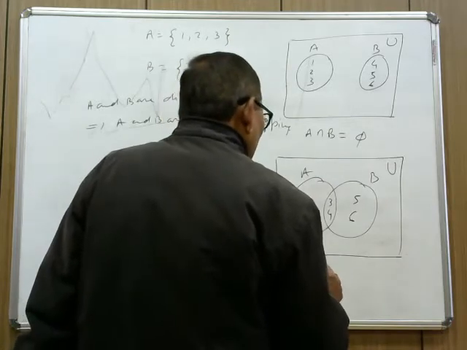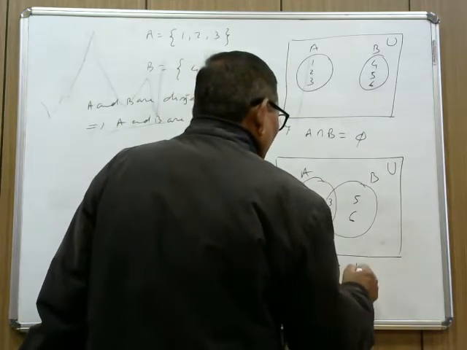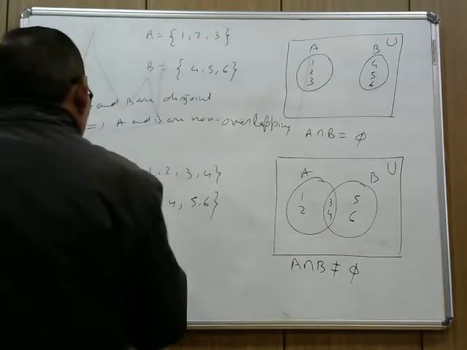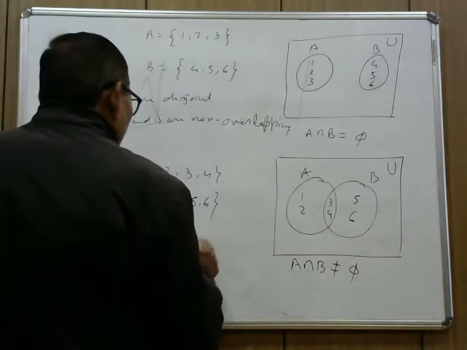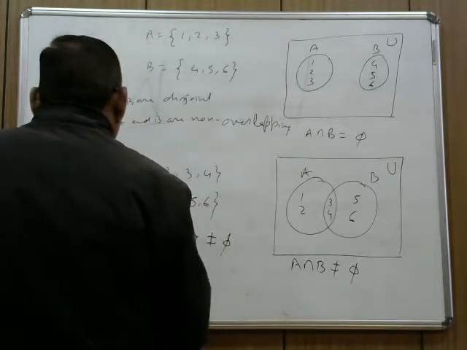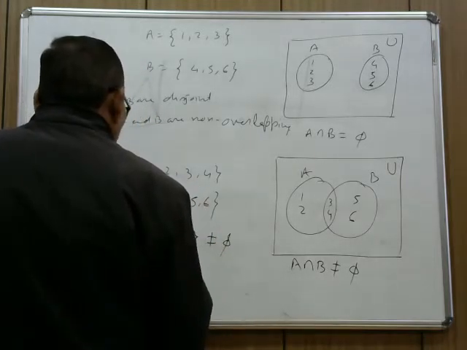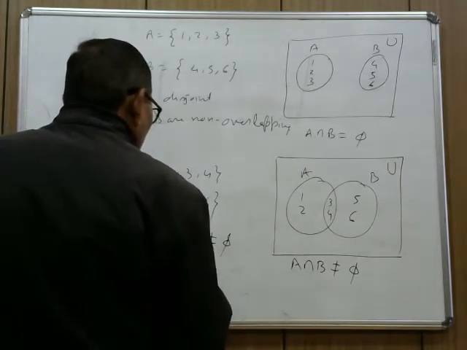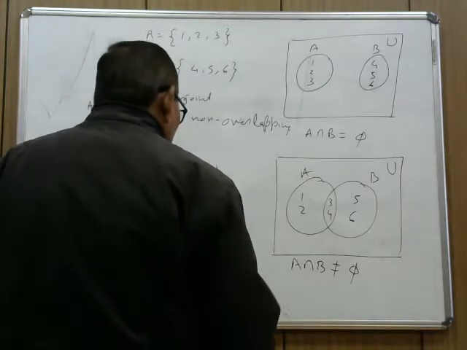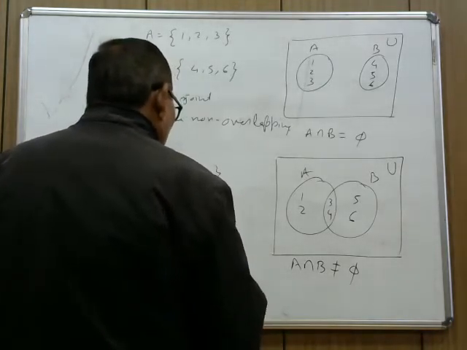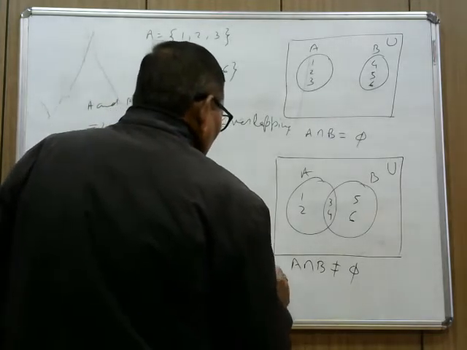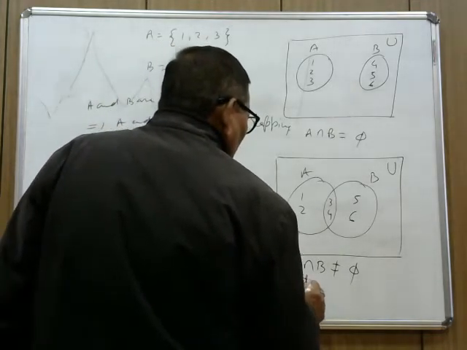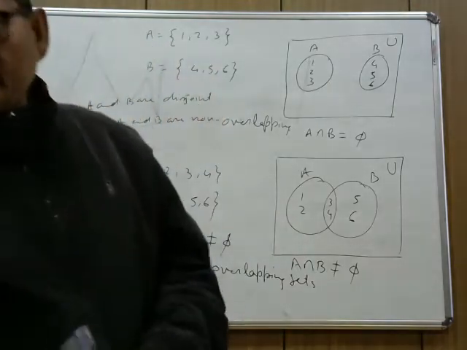A intersection B is not equal to phi. Here, A intersection B is equal to {3, 4}. This is not equal to phi. This implies that A and B are overlapping sets.